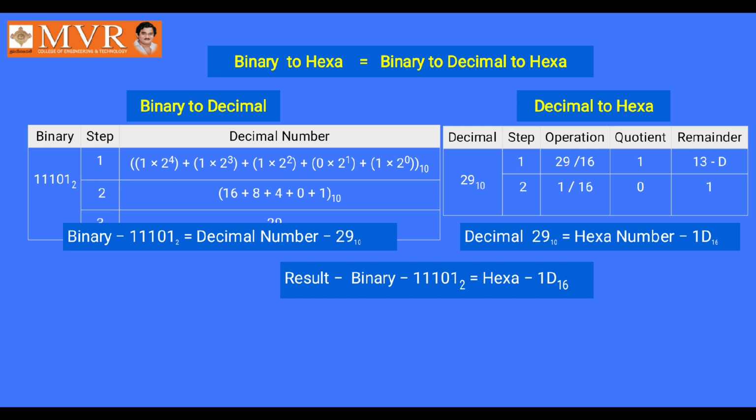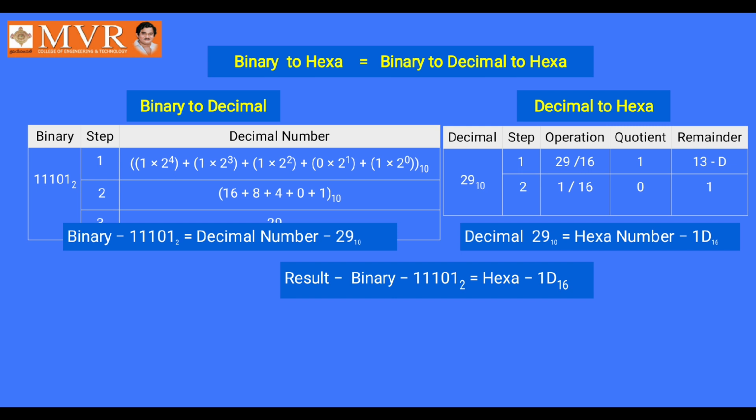The first remainder we got is 13, but there is no 13 in hexa, so that 13 is converted into D. From bottom to top we have written 1D. So the binary value 11101 base 2 is equal to 1D base 16. This is how to convert binary to hexa values.